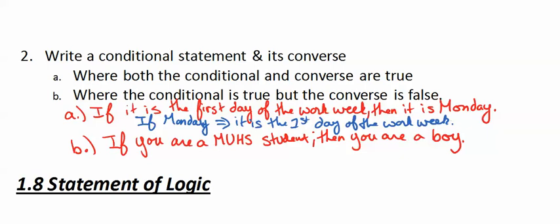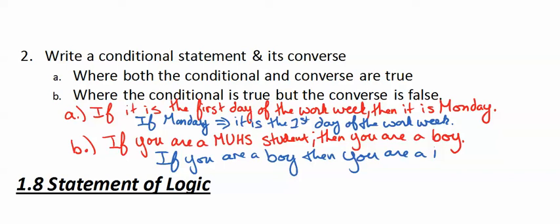The converse of that is: if you are a boy, then you are an MUHS student. As you can see with the first one, it's basically a definition of what the work week is. So therefore the first and the second are true, whereas in the second statement, the first one is a true statement, but the next one is false, or a sometimes, depending on the context. So it's not necessarily true.